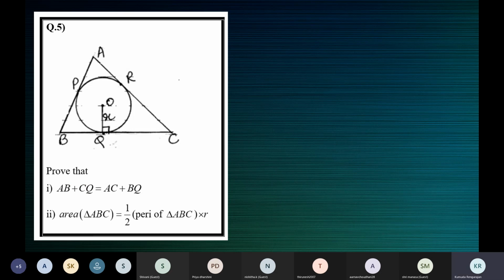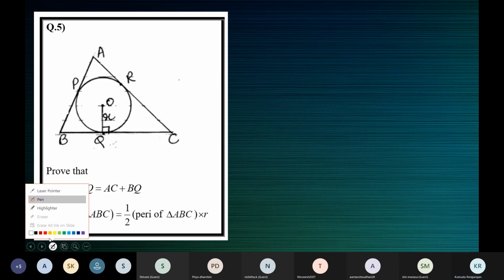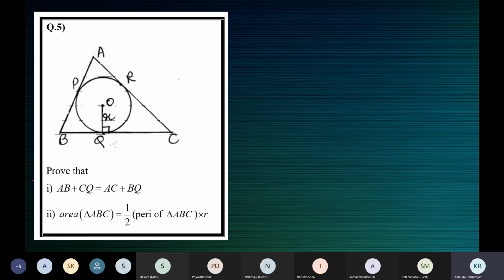I'm taking the left hand side, AB plus CQ. What is AB? AB is nothing but AP plus BP, and CQ is nothing but CR.